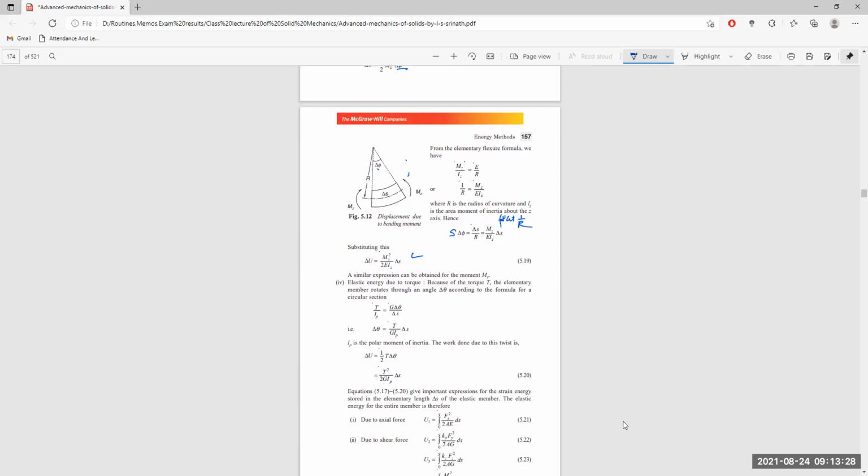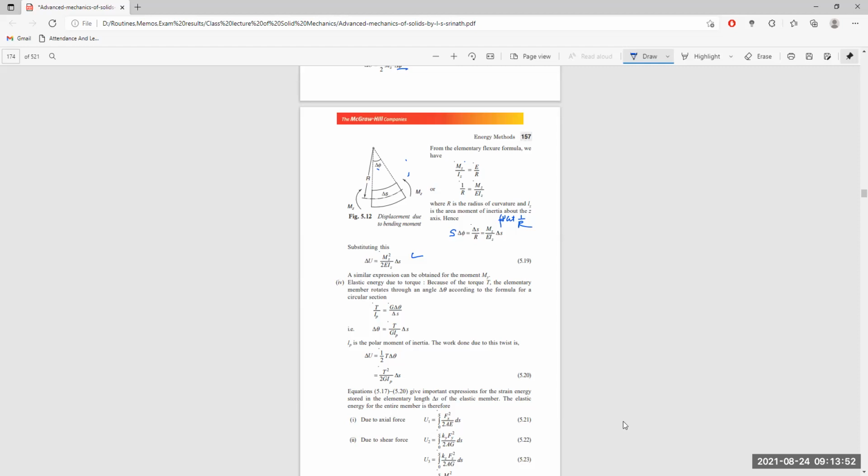From the torsional equation, T by Ip is G delta theta divided by delta s, or delta theta is T by G into Ip into delta s. Here Ip is the polar moment of inertia and G is the modulus of rigidity.